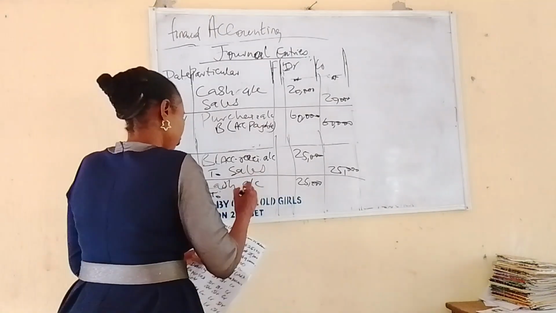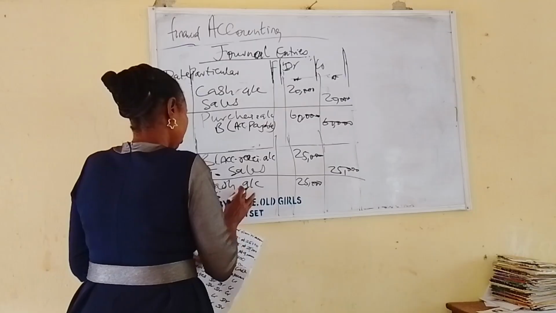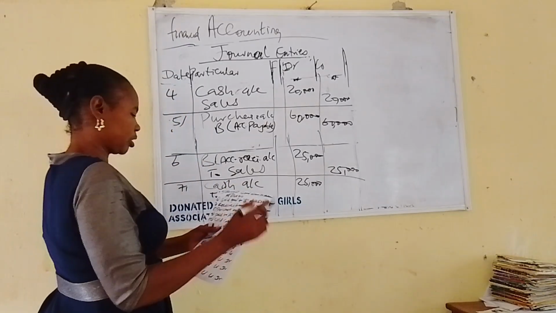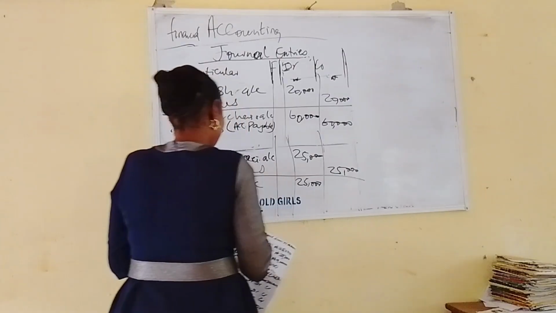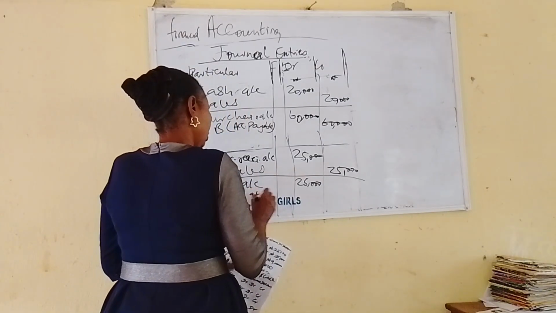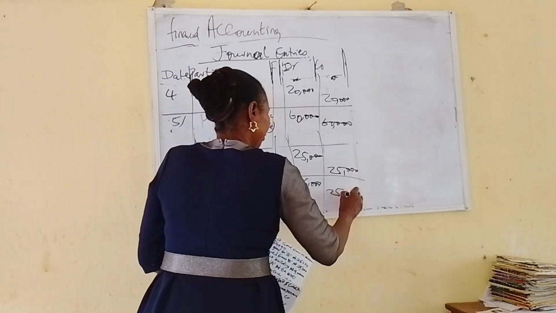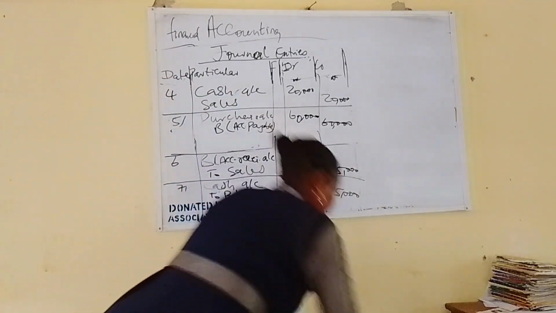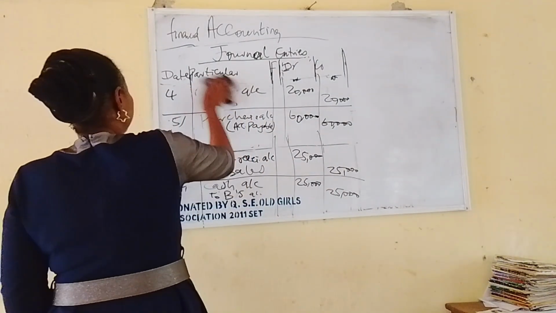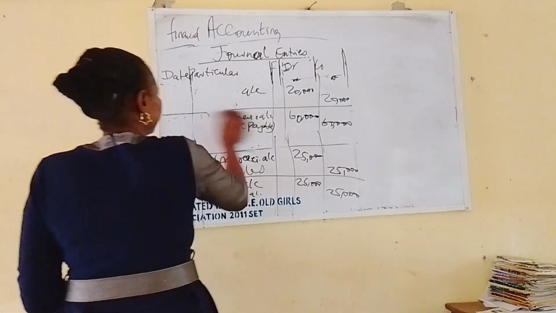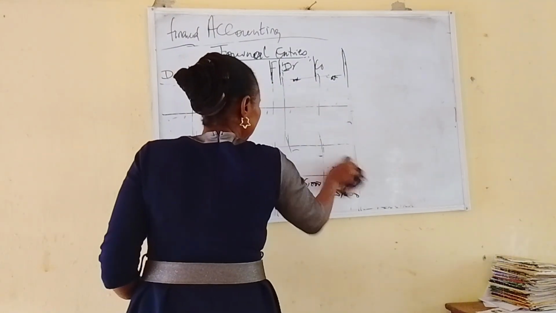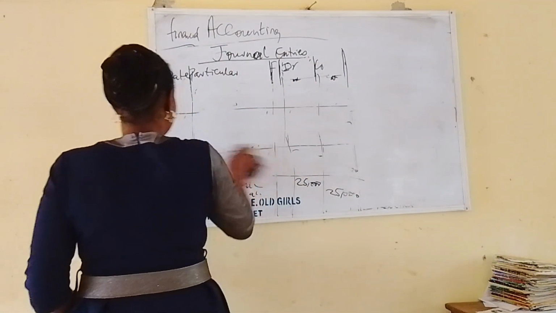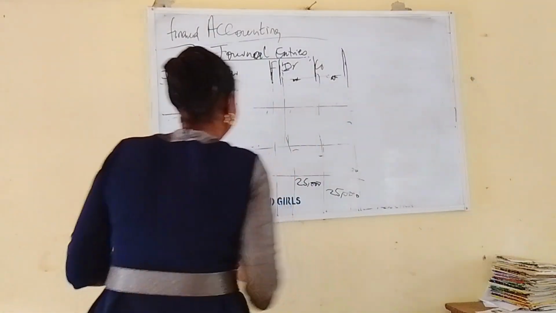Accounts receivable, just say B, 25,000. It remains how many now? Let us finish it.